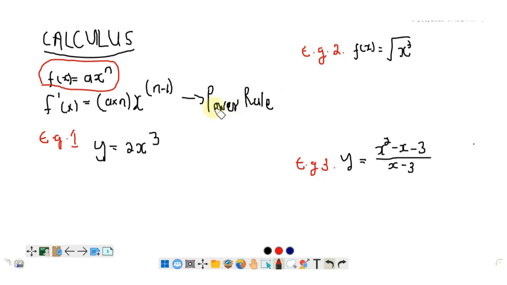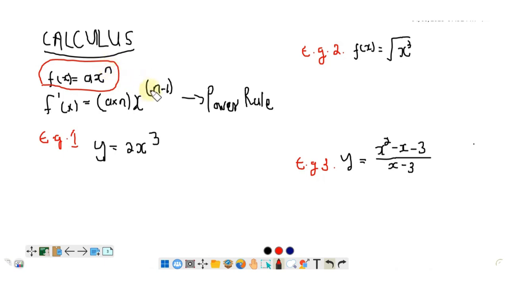How does the power rule work? With the power rule, when you derive, you take the exponent and multiply it with the coefficient, so a times n, then you write the variable x, and then at the power you say n minus 1, so you subtract 1 from that power.